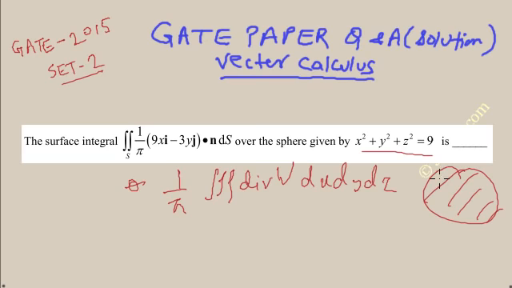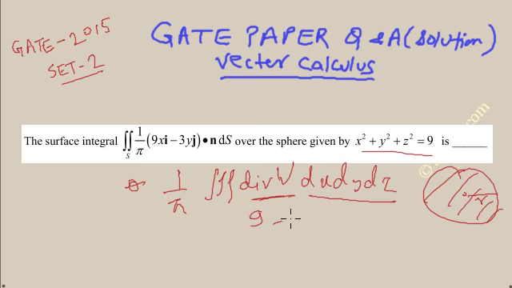So here the volume is a sphere and the radius is r. For div V, differentiate the first component with respect to x and the second with respect to y.